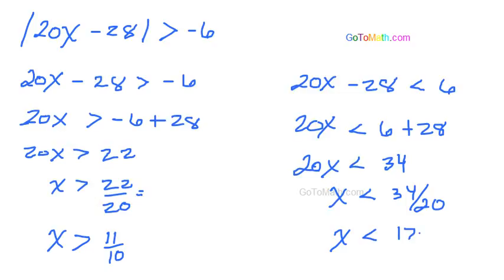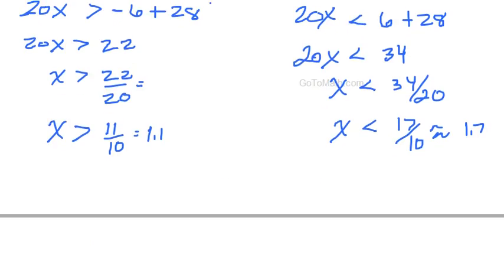Now I'm going to get a little approximation going on here so we know where these are on the number line. This is going to be slightly bigger than 1, 1.1, which helps us see where we're at on the number line a little better.